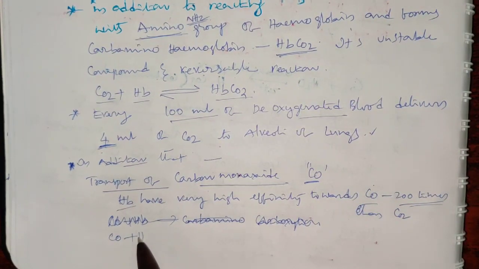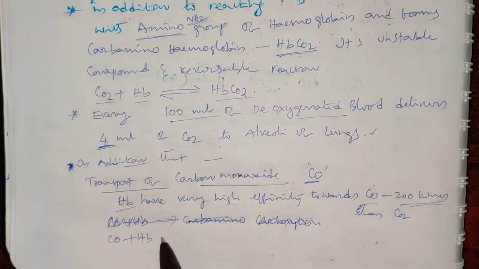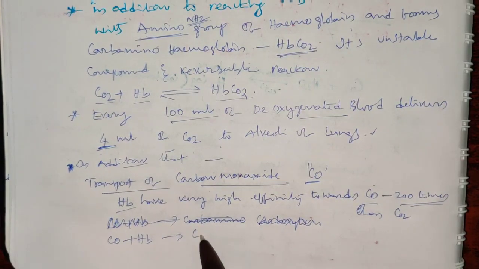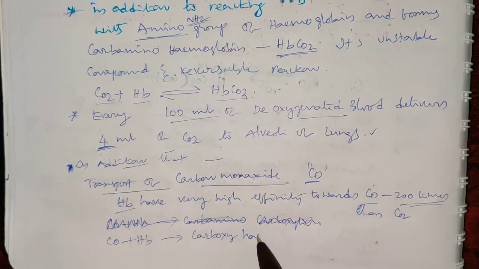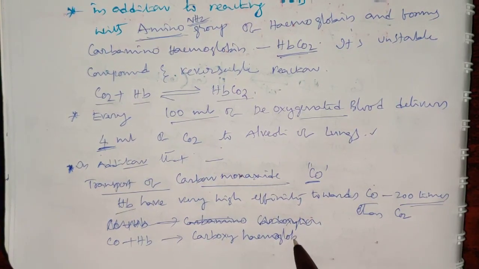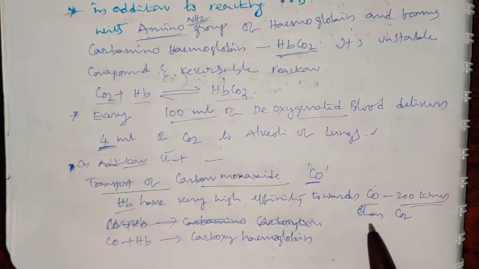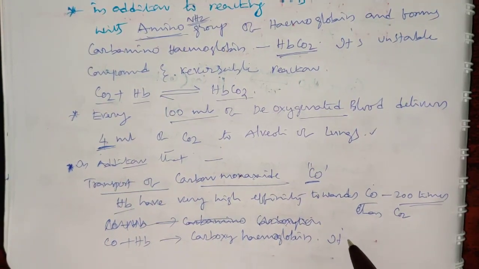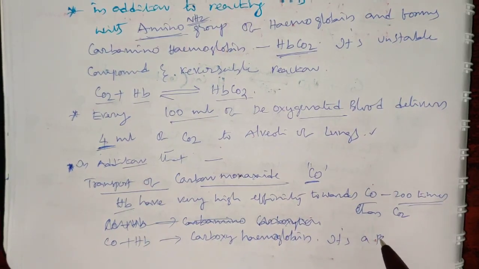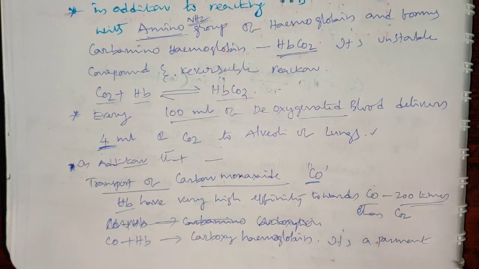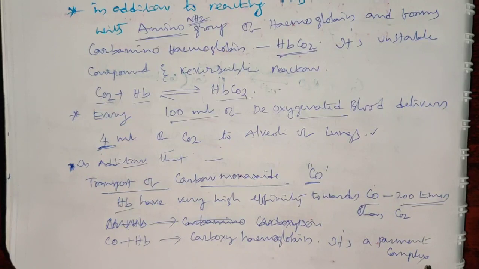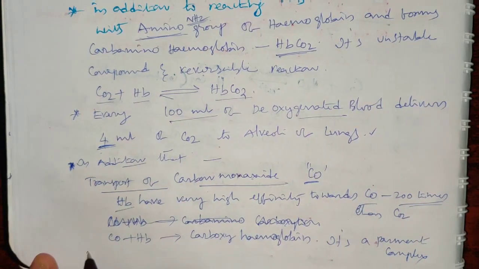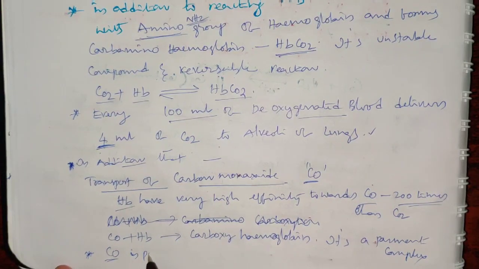Carbon monoxide plus hemoglobin gives carboxyhemoglobin. It is a permanent complex. Carbon monoxide is a poison.